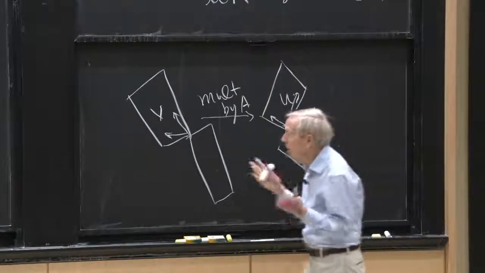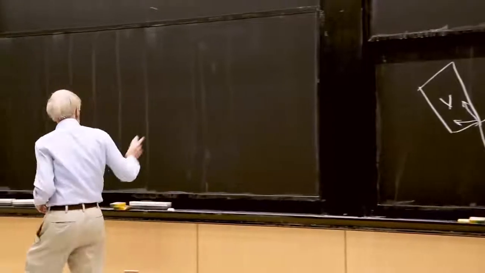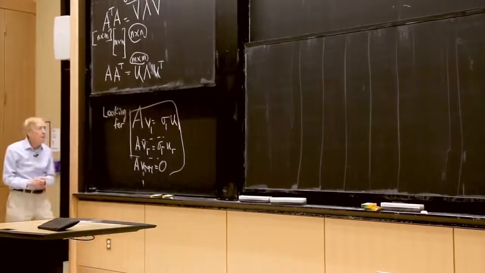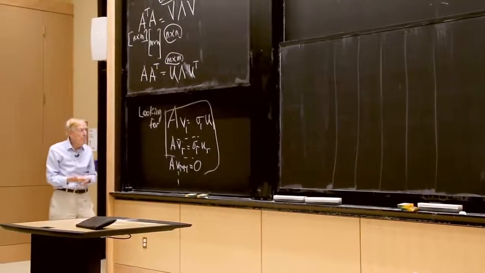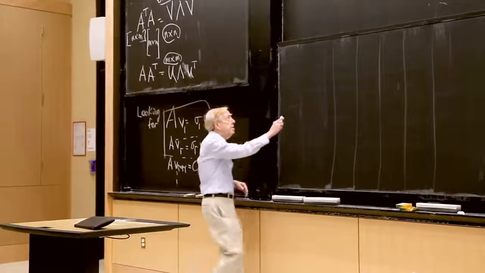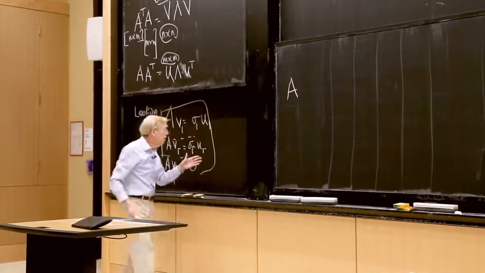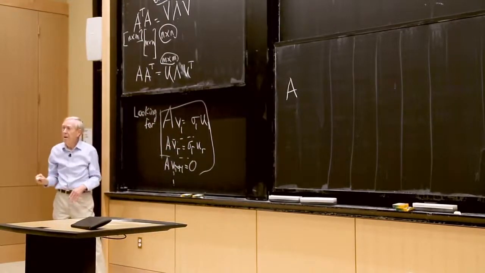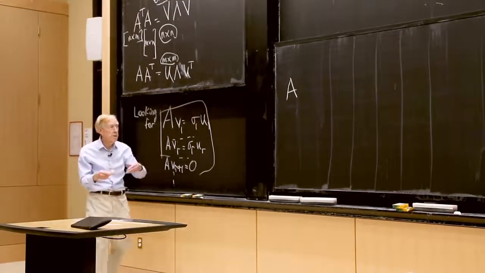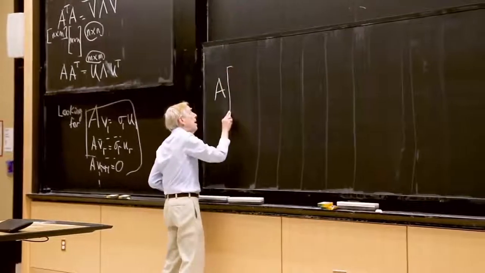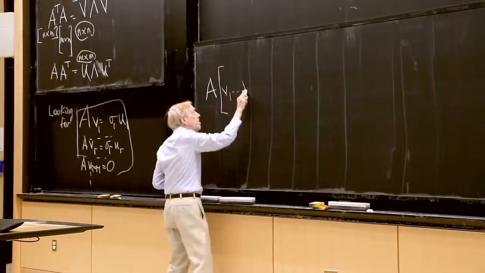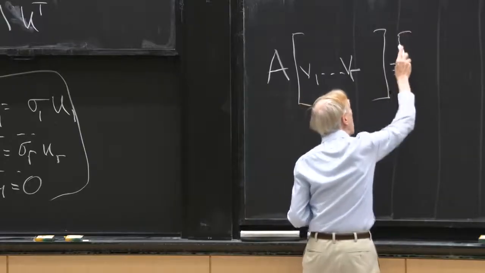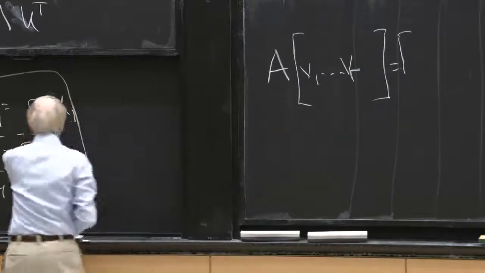And then let me write down what that would mean. I've just drawn a picture to go with those equations. It means in matrix form. I've written it here in vectors, one at a time. But of course, I'm going to put those vectors into the columns of a matrix. So A times V1 up to, let's say, VR will equal sigmas times U's.